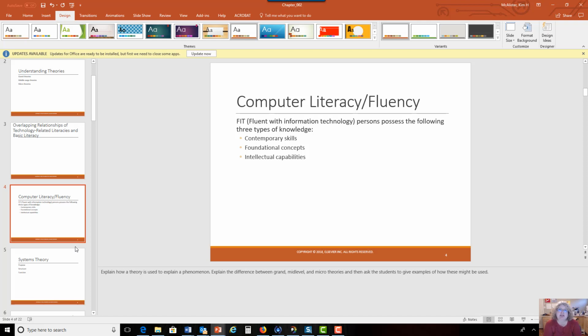So it's the ability to use technology effectively and also to create new information. And you also want to be able to utilize and understand the ethical value. This is kind of specific to nursing. When we talk about computer literacy, as a nurse, we want to be sure that we are using the digital information for the good of the community.